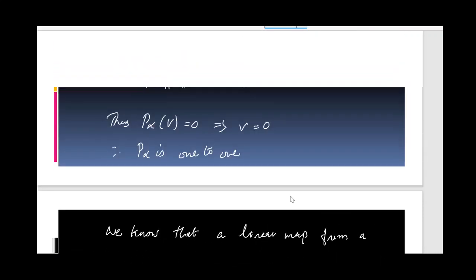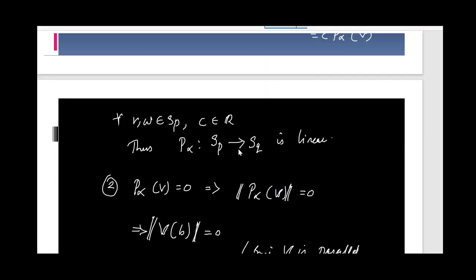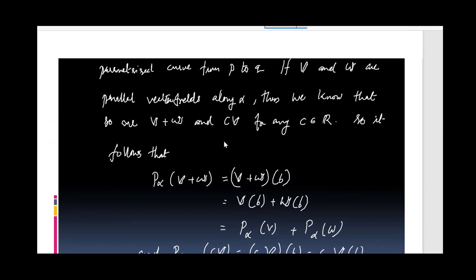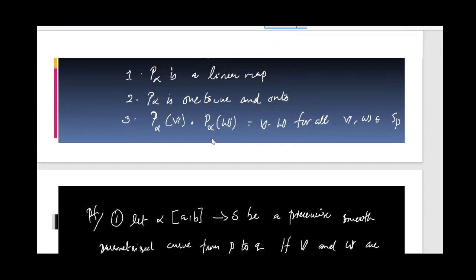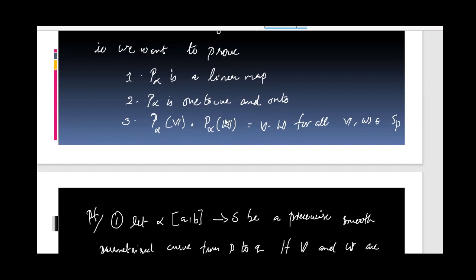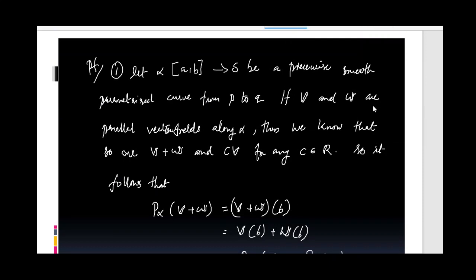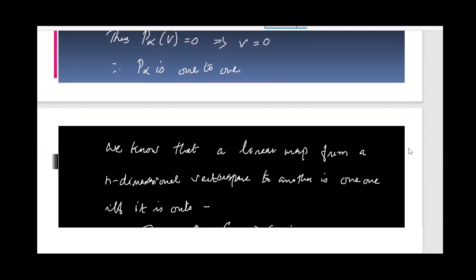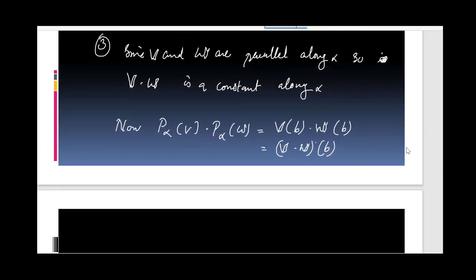I have made some mistake here, it seems. I should write here: P alpha of V and P alpha of W, and these should not be vector fields. So P alpha of V dot P alpha of W is equal to V dot W at b.